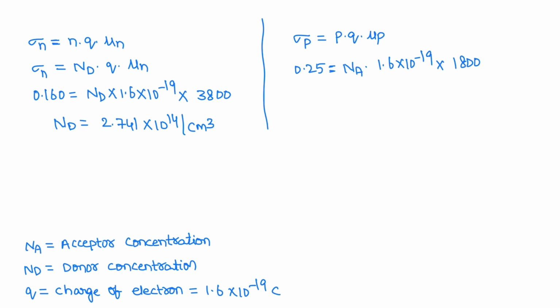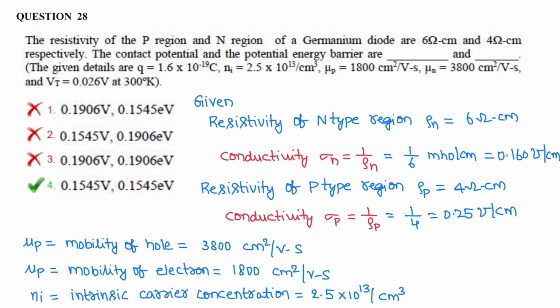So from this, acceptor concentration is equal to 8.68 into 10 power 14 per centimeter cube. So these are donor concentration, acceptor concentration, and intrinsic concentration is 2.5 into 10 power 13 per centimeter cube.